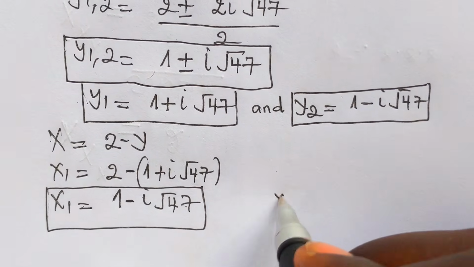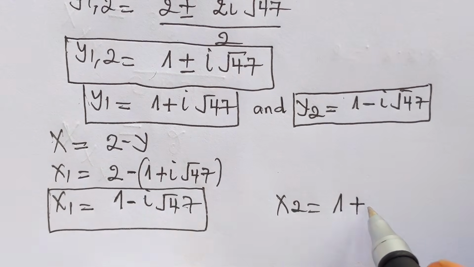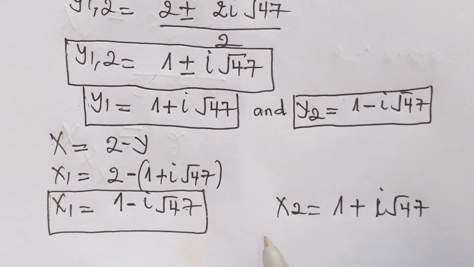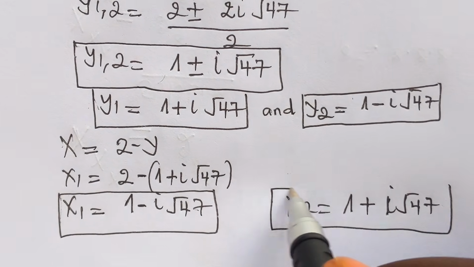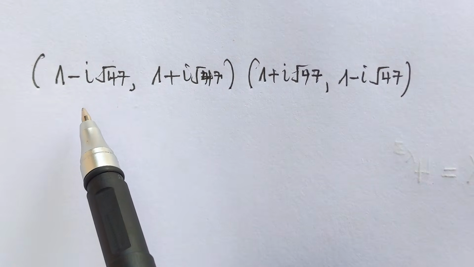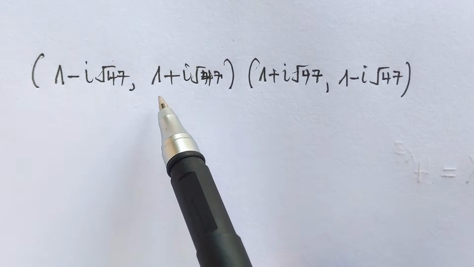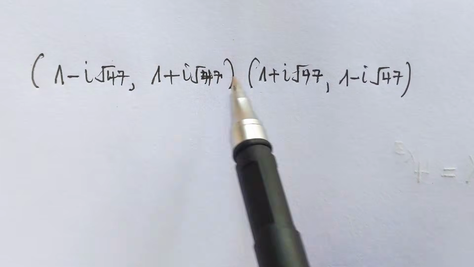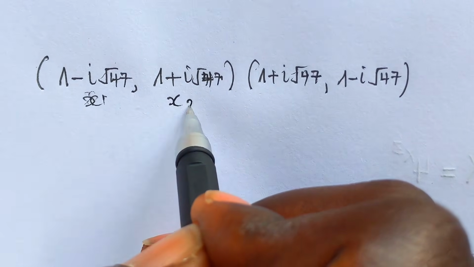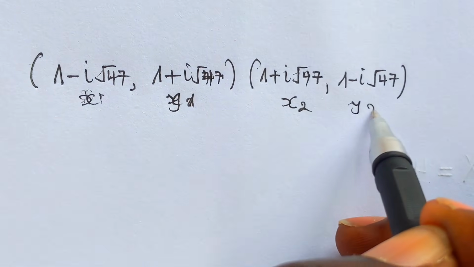And of course x2 will be the opposite of this, which is 1 plus i square root of 47. Of course here we have two coordinates that show x and y: 1 minus i square root of 47 and 1 plus i square root of 47 as x1 and y1, and this is x2 and y2.